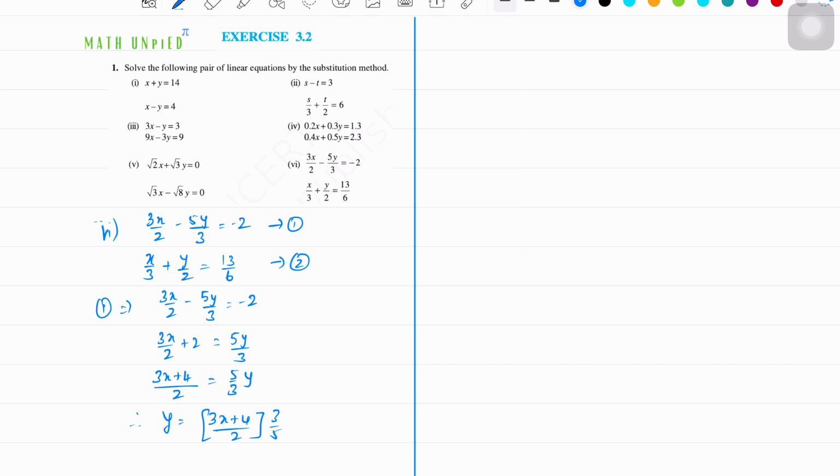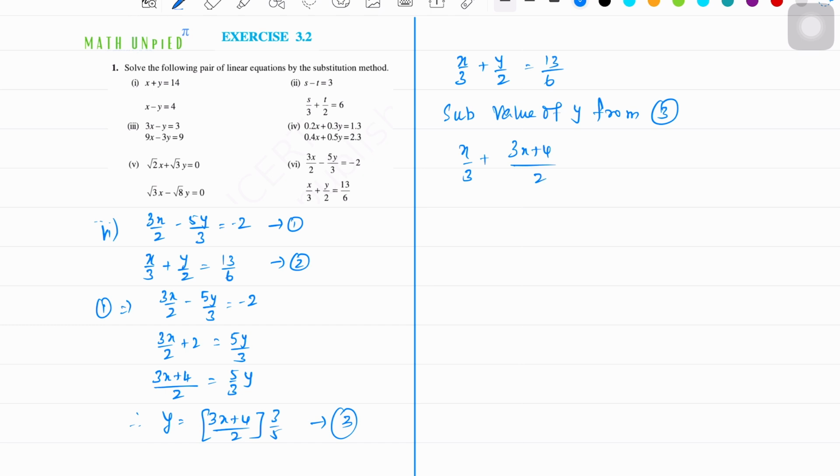What is the second equation? x over 3 plus y over 2 equals 13 over 6, and we'll substitute this value of y. Maybe we can name this as equation 3, and substitute y from equation 3. So this will be x over 3 plus (3x plus 4) over 2 times 3 over 5.